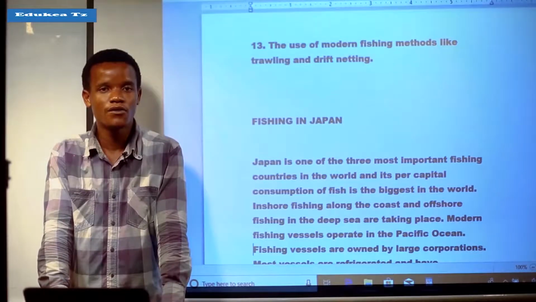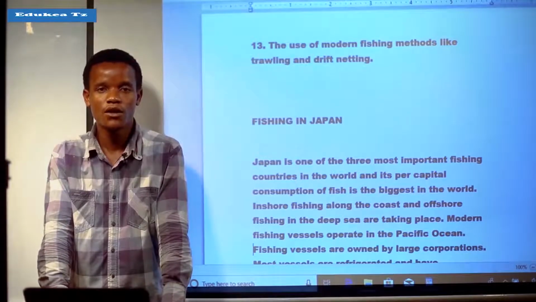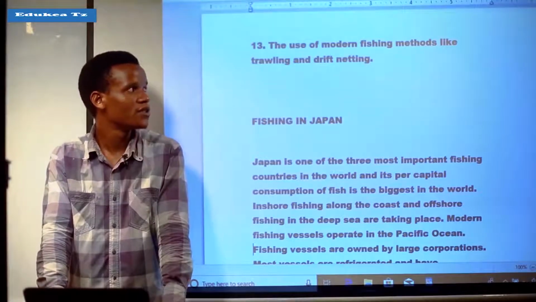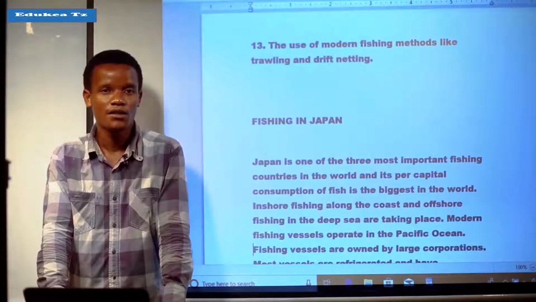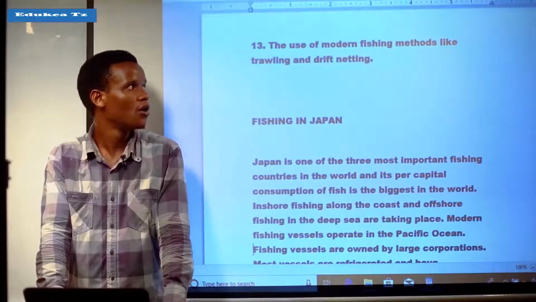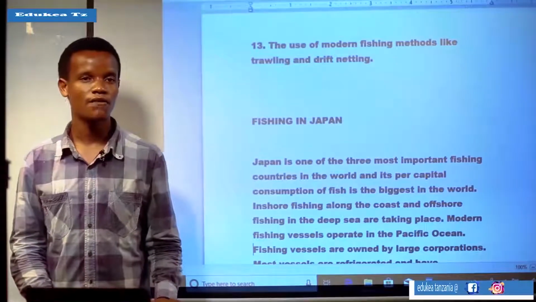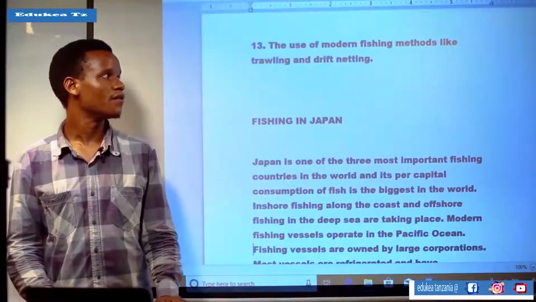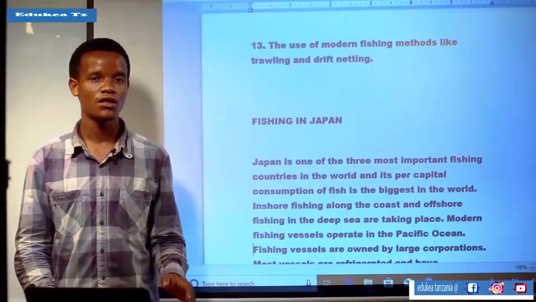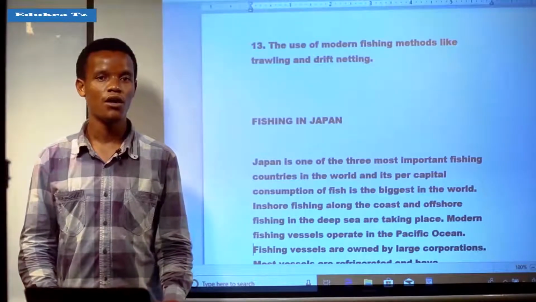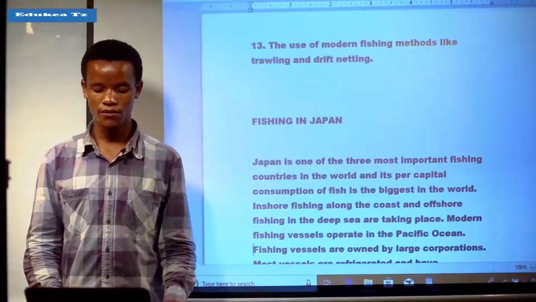The technology of using these kinds of methods also facilitated the development of fishing in Norway. So that is another reason that contributed much to the development of fishing in Norway.